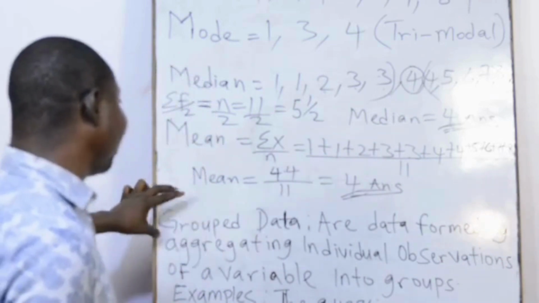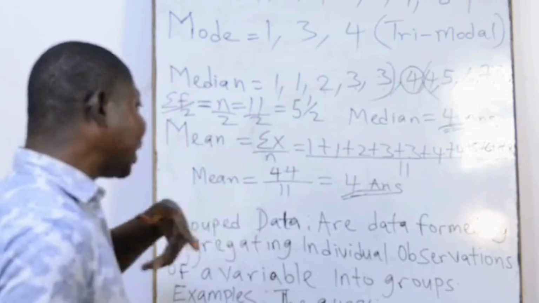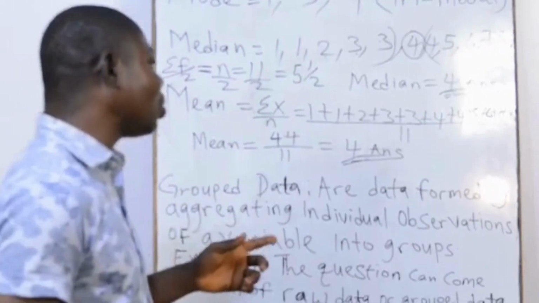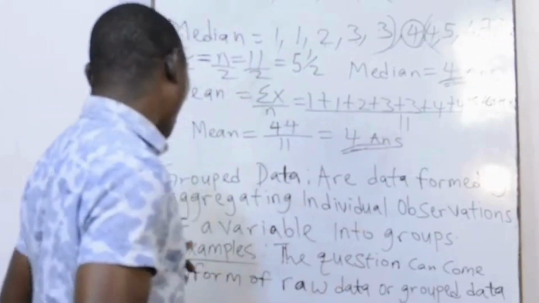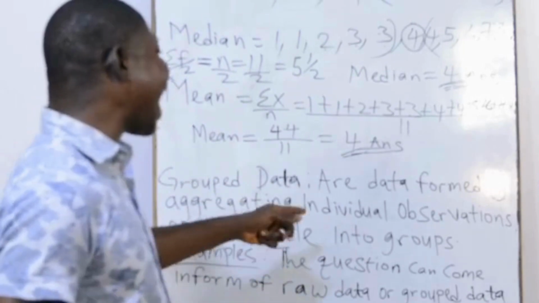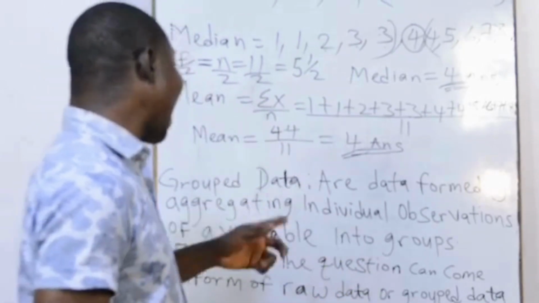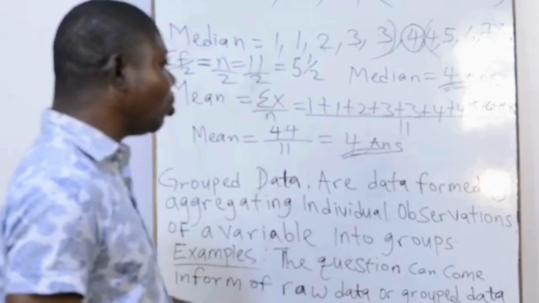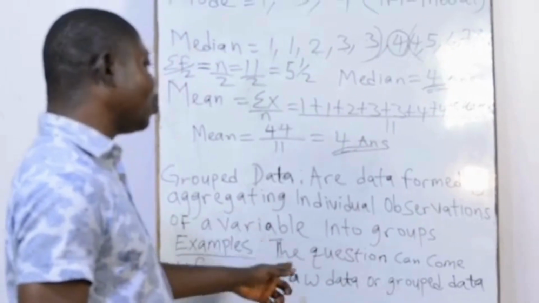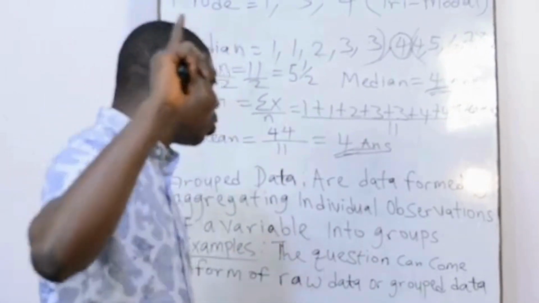Group data are data formed by aggregating individual observations of a variable into groups.